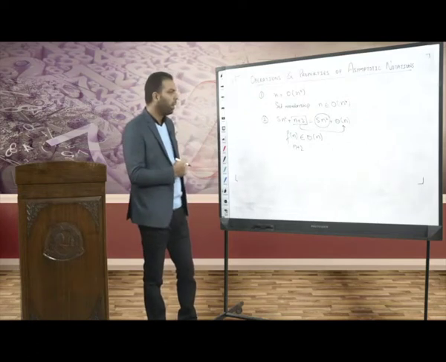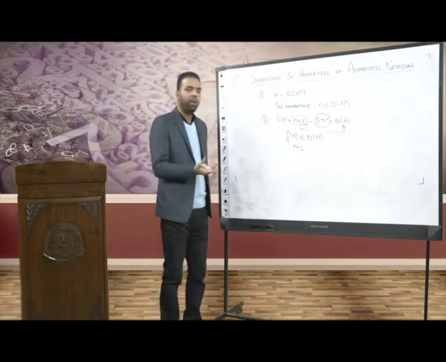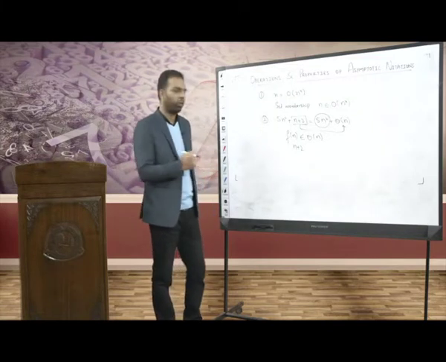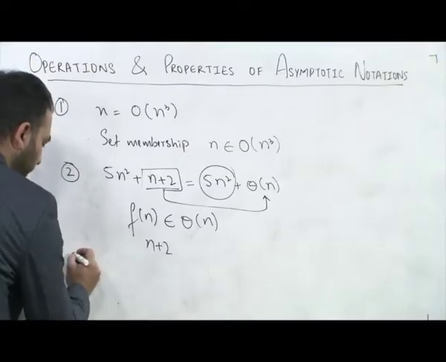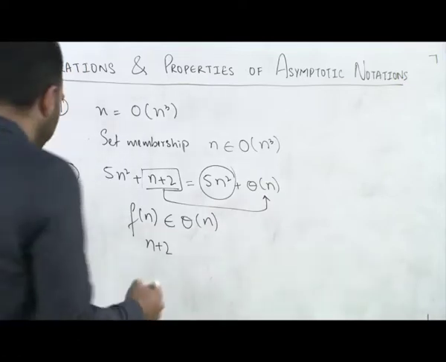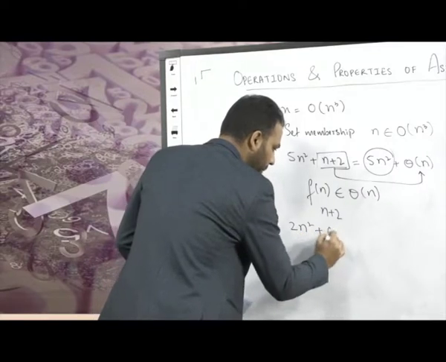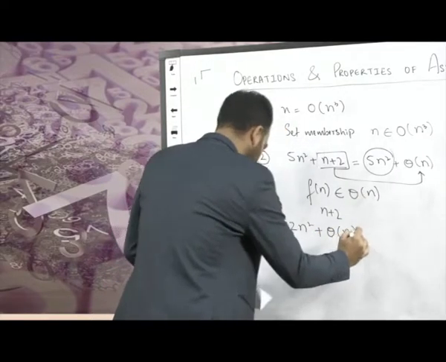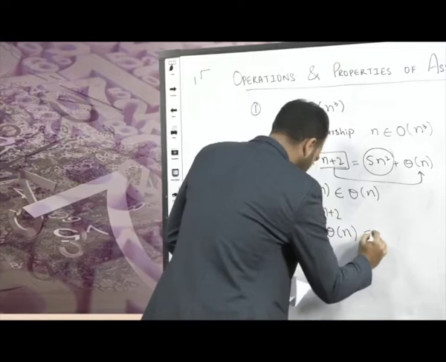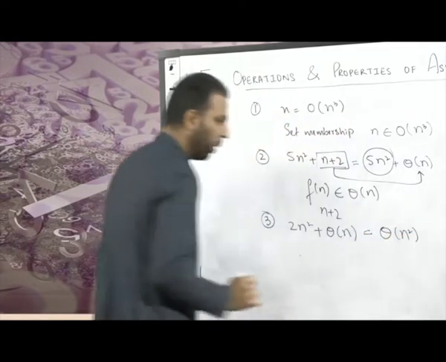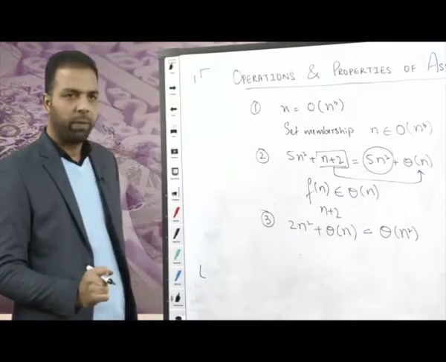And finally, we will see what will happen if your asymptotic notation is on the left hand side of your equation. So for that, say for example we have 2n square plus theta of n is equal to theta of n square, okay? So what does it mean?